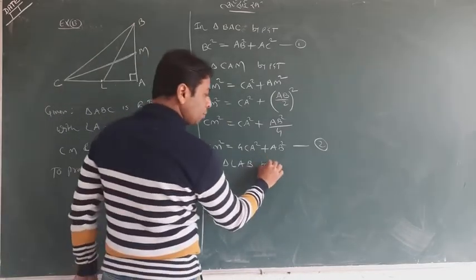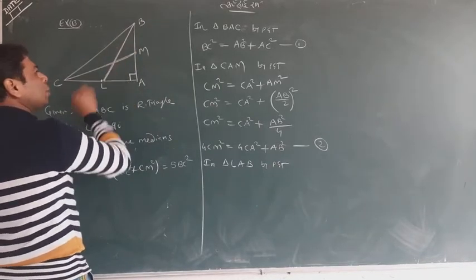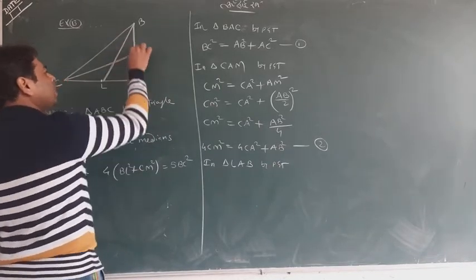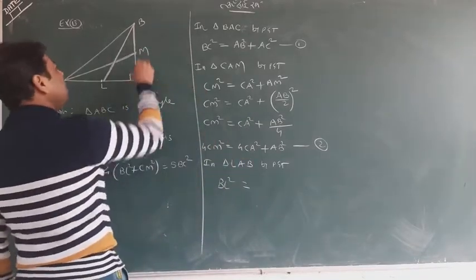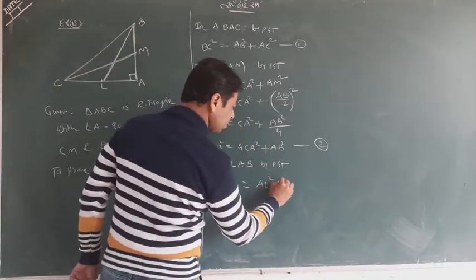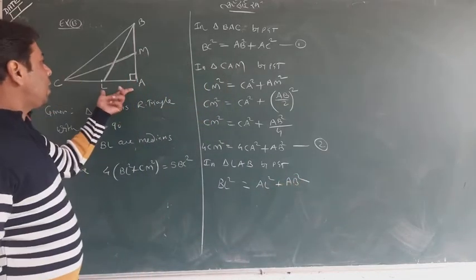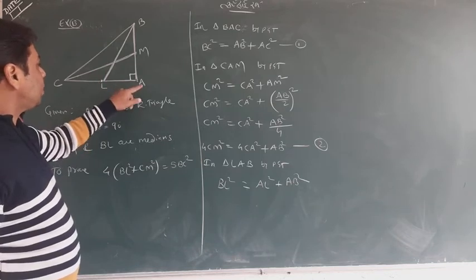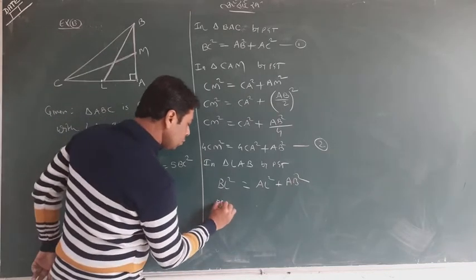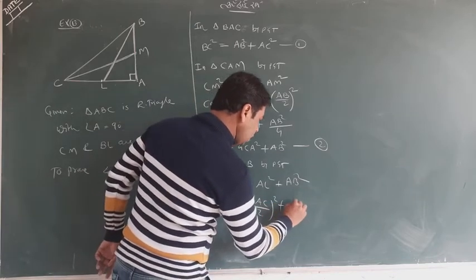In triangle LAB by PGT, if you look, this is the hypotenuse and these two are the sides. So BL square equals AL square plus AB square. And instead of AL, L is a midpoint, so I will write AC by 2, plus AB square.